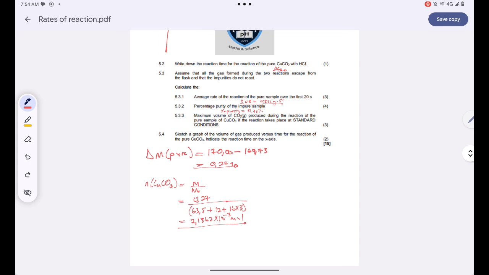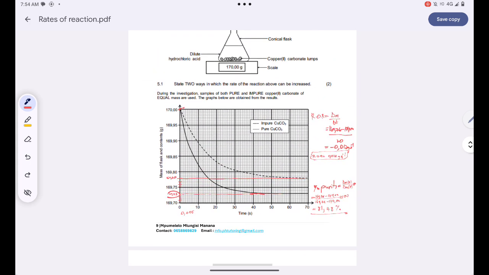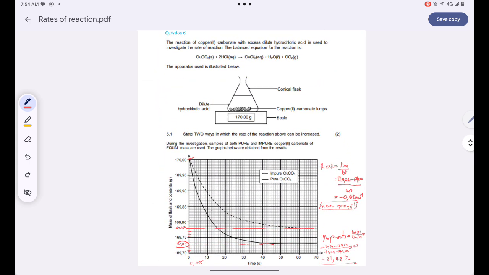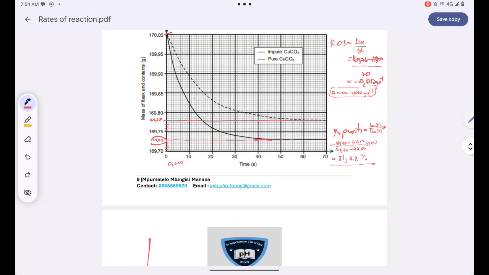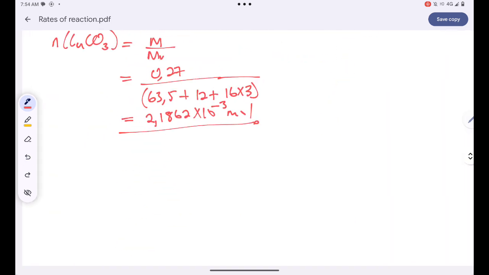These were the used number of moles for my pure solution. Since the stoichiometric coefficients are 1 and 1, the number of moles of my carbon dioxide will simply be the number of moles of copper carbonate which were used. I'll simply get 2.186 times 10 to the negative 3 moles as well.